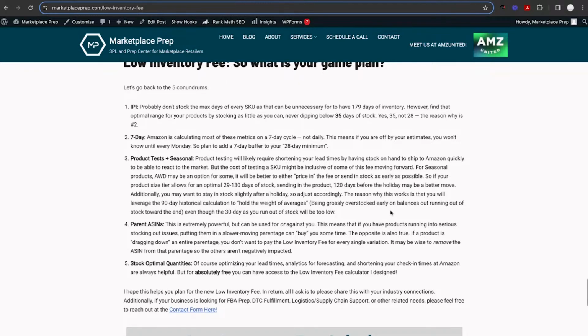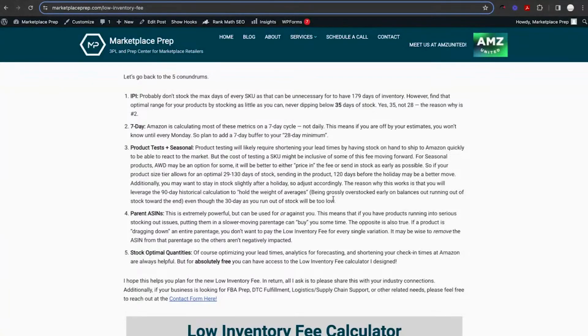Parent ASINs, once again, super powerful and super dangerous. You could have a product that's bringing down your entire parentage on historical days of stock, and now every single child ASIN will be impacted by the fee.